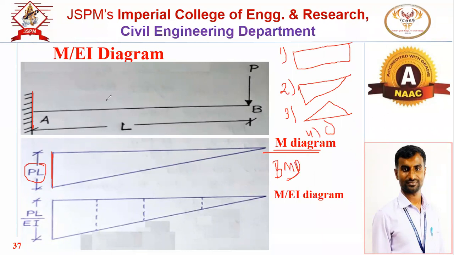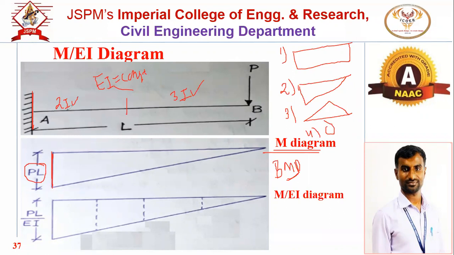The nature will be the same in this case, as we will consider EI is constant. Suppose EI is constant. If I is variable, suppose for some portion it is twice of I, and for the remaining portion it is suppose 3I, what does it indicate? It indicates the change in cross section.